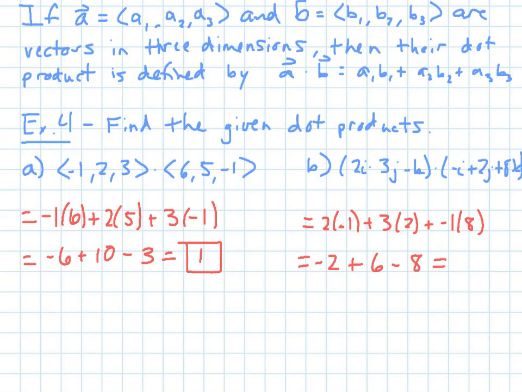Oh, and it looks like my picture's a little off. This one should be negative, so I apologize for that. So 6 should be negative. They're all negative, so you get a negative 16 for your dot product.